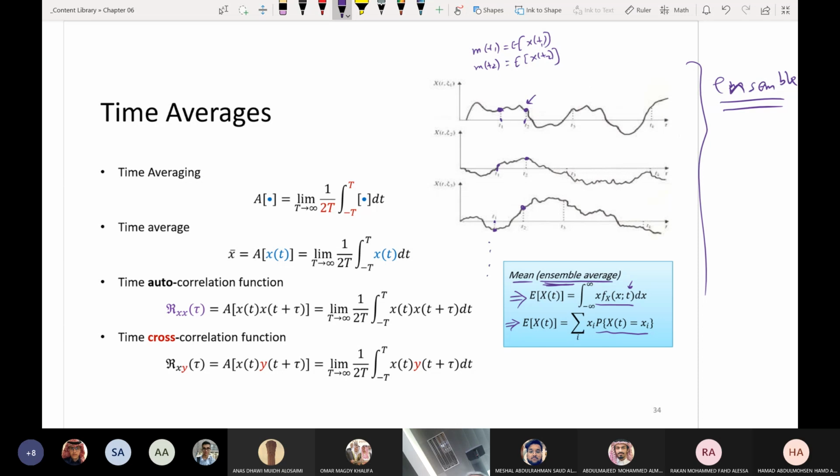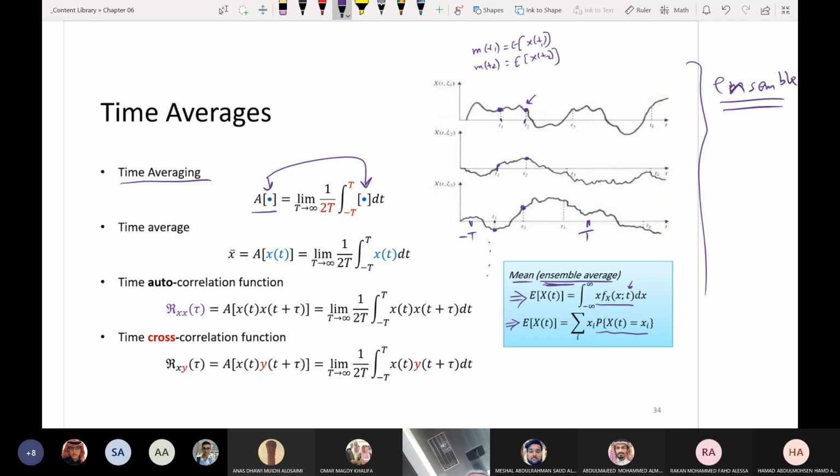Now there's another average for the random process, which is called the time average. The time average in general, if I have any function here, we denote it by A of this function. This is called the time average. How do we calculate it? We take this function and put it inside the integral. We observe this function from minus T to T for a certain period of time, from here to here.